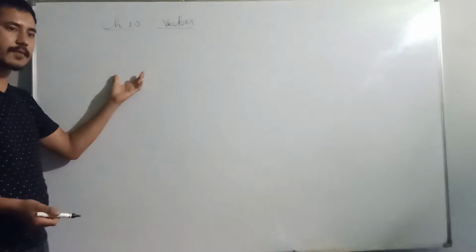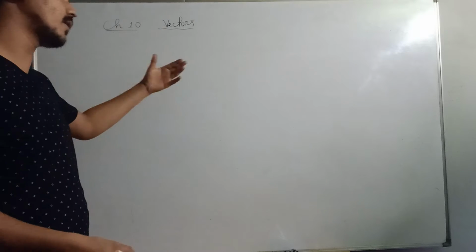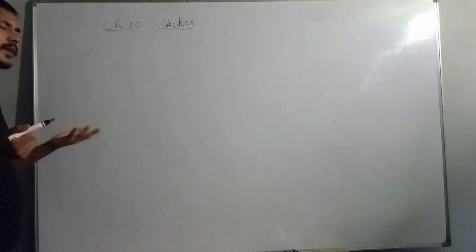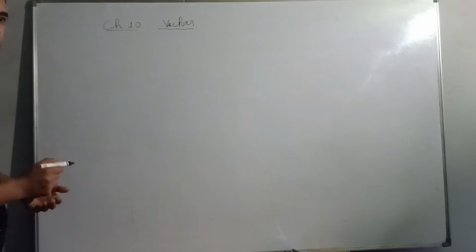You already know what is a vector. So if I ask you what is a vector, how exactly are you going to define it? When I say vector, already you know what it is, but how are you going to define it?